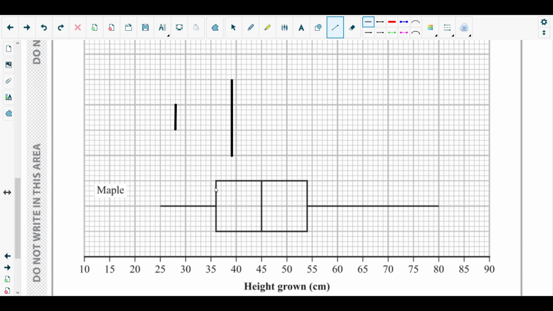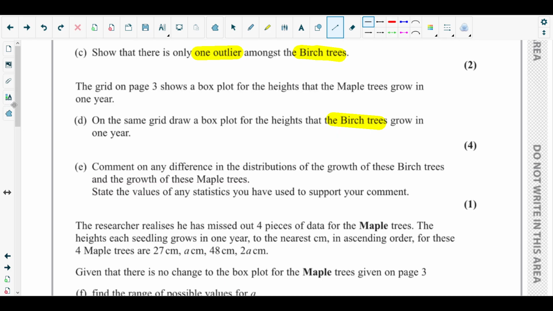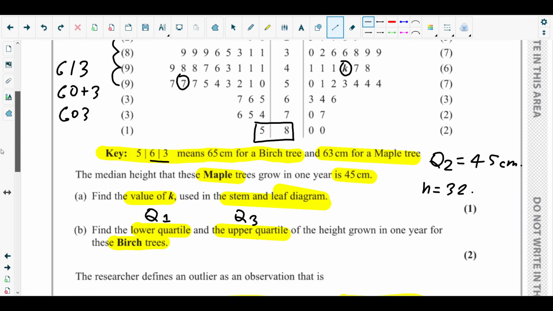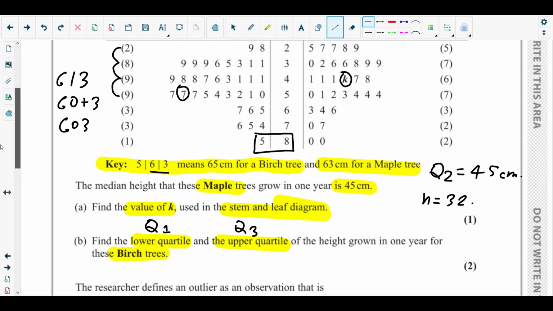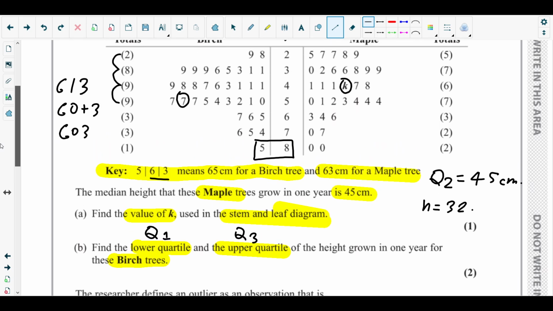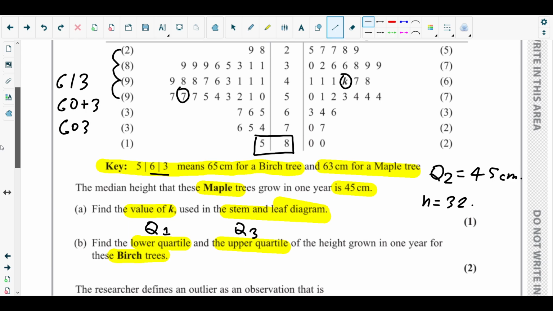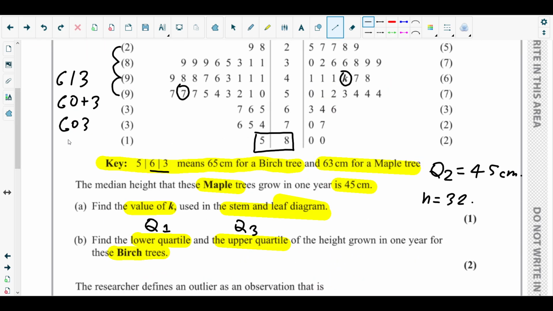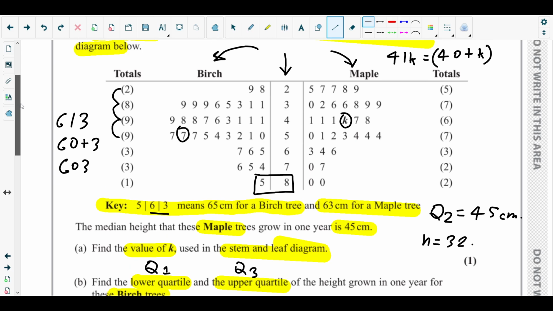And then the median. Do we know the median? No, the median is unknown. So the median is basically N over 2. That is 35 over 2, which is 17.5, so the 18th term. What's the 18th term here?